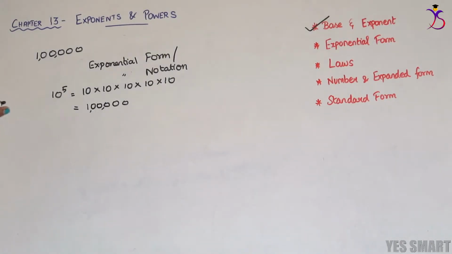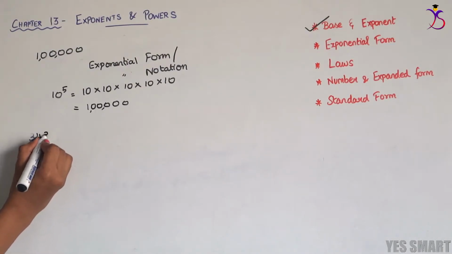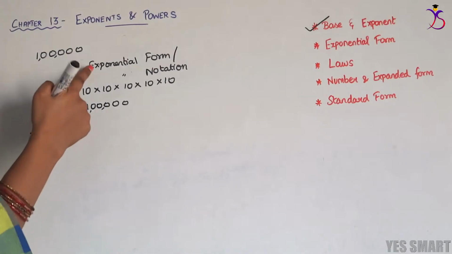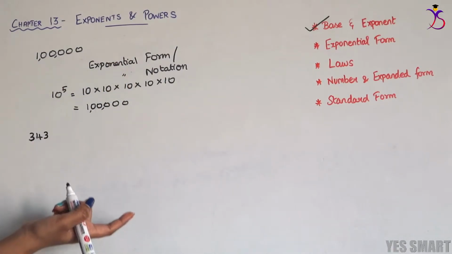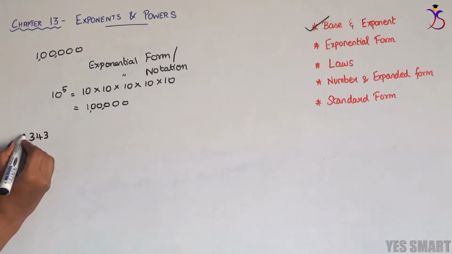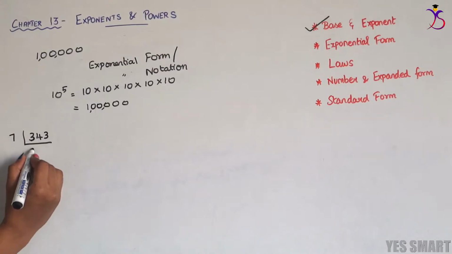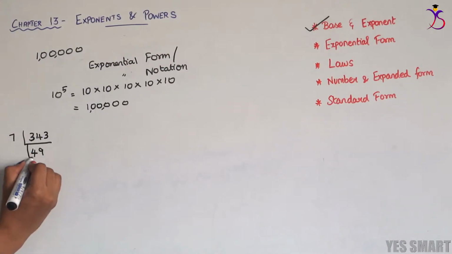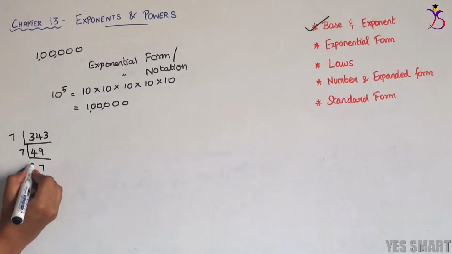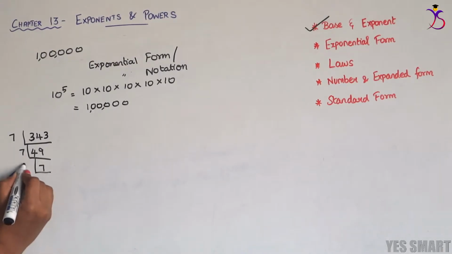Similarly, questions can be asked in any manner. If they ask us to write 343 in exponential form or notation, we do prime factorization to find the base and power. Let's do it with 7. 7 49s are 343, again 7 7s are 49. So we have 7 into 7 into 7. We do it till 1. 7 1s are 7.